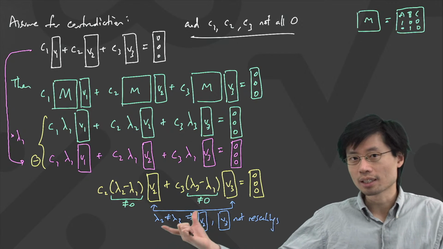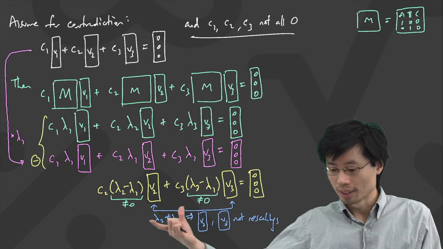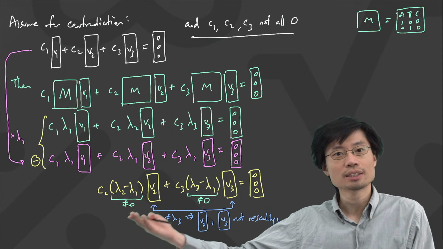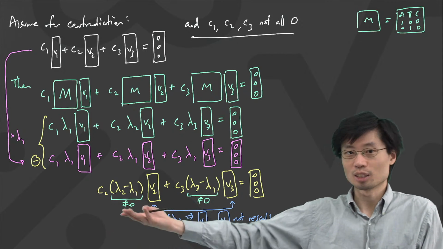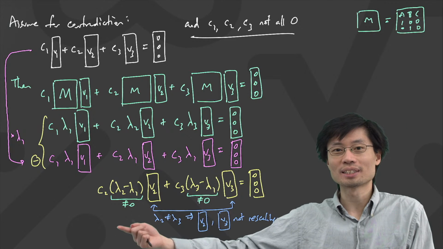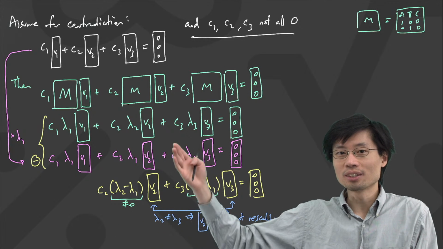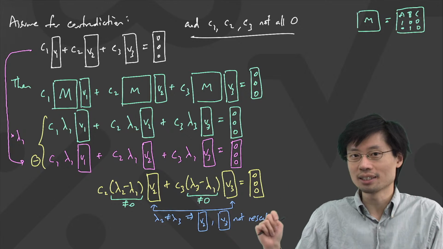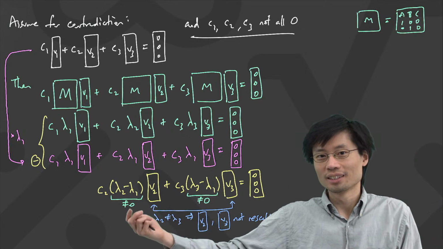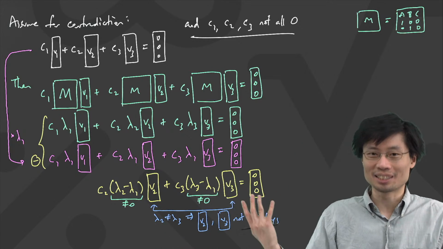You want to get a contradiction here with the trivial solution. If C2 and C3 are both 0, then this is possible. Even though these two vectors were not rescalings of each other, 0 times one plus 0 times the other is 0.